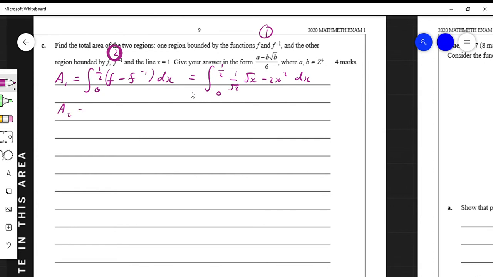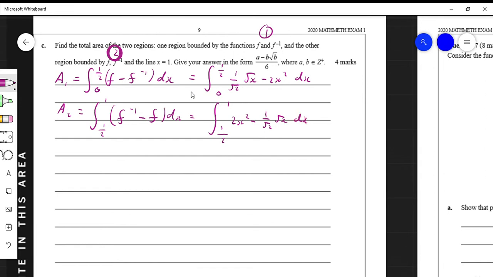The second area is from 1/2 to 1 of f inverse minus f dx. So always remember the dx in there. Equals our integral from 1/2 to 1, same as before, of 2x squared minus 1 on root 2 root x dx.